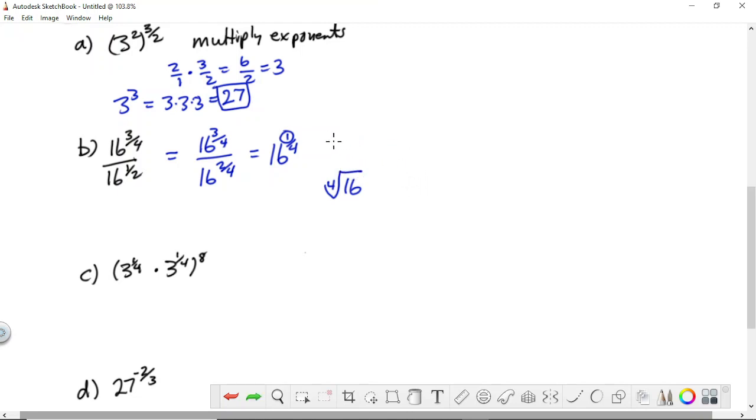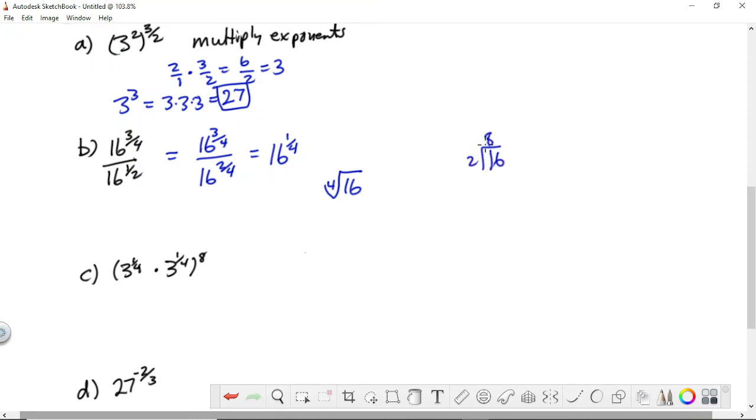The denominator of 4 goes here. And now we just take that 4th root of 16. Remembering, of course, that the 1 here, you don't have to actually write it. It's still just 16.